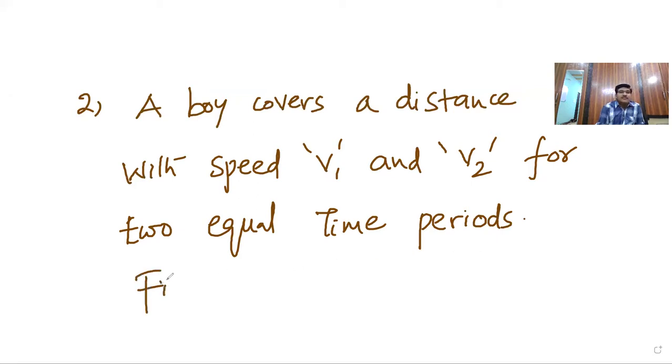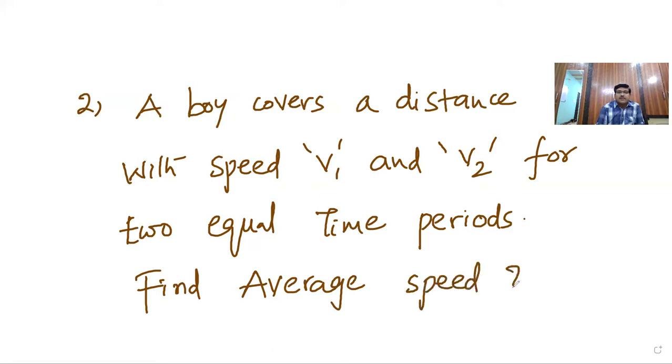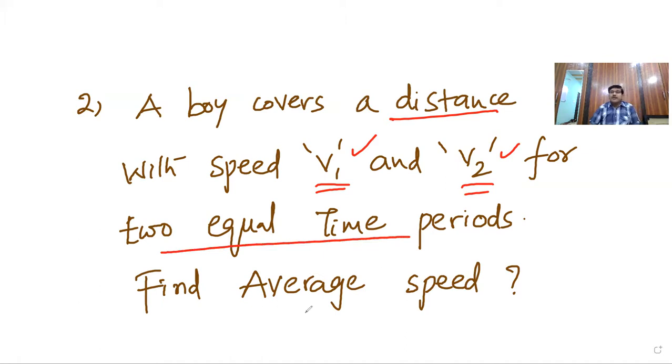Find average speed. This is the question. Now the clarity in the question: he is covering the complete distance with speeds of v1 and v2 for equal time intervals.